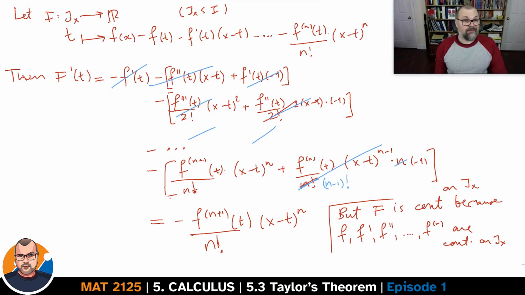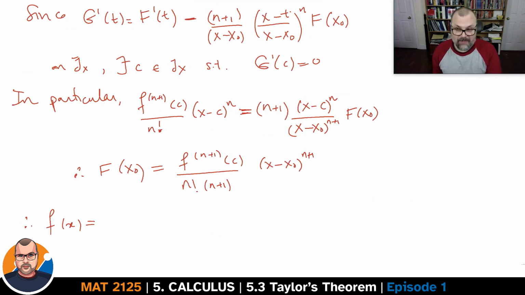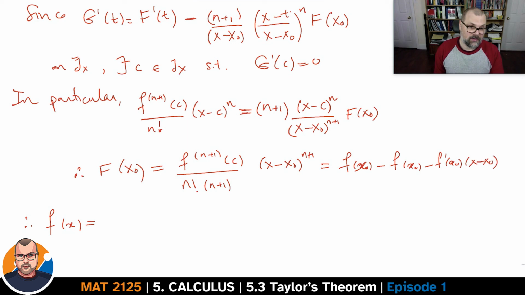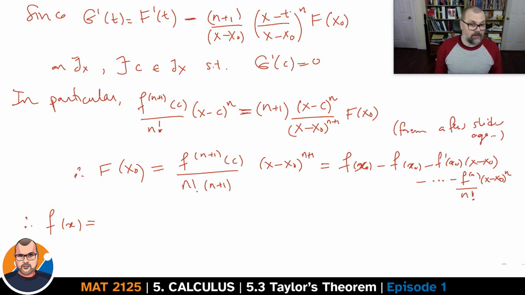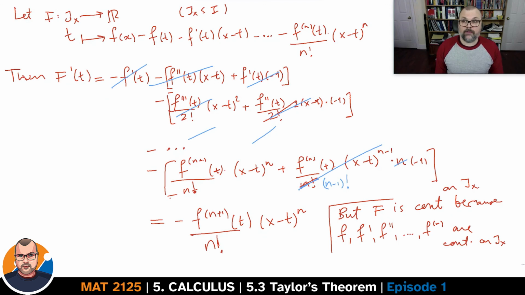So if I evaluate it at x naught, I get this expression here, which is by direct construction the same thing as f at x minus f at x naught minus f prime at x naught times x minus x naught, minus all the way to the nth derivative. And that's the true value from a few slides ago. So again, to be double sure, it's this thing where I replace my t by x naught throughout.